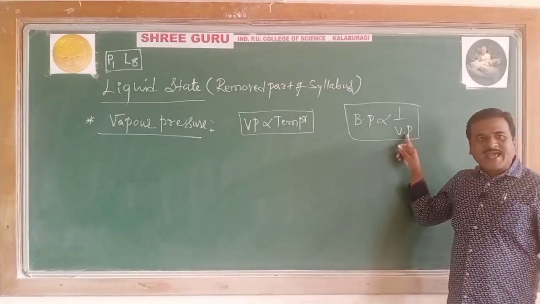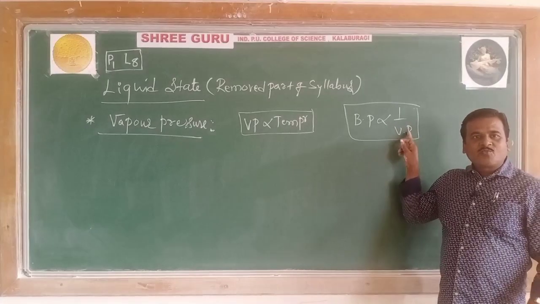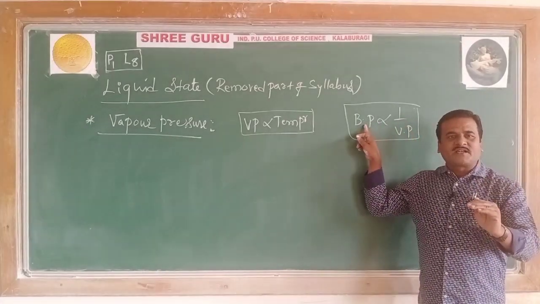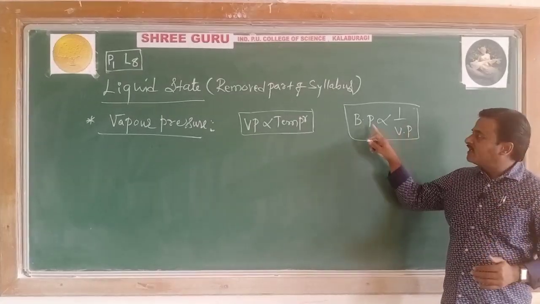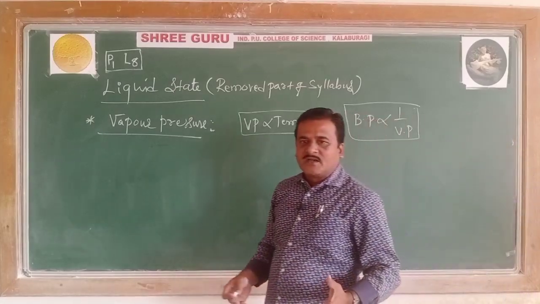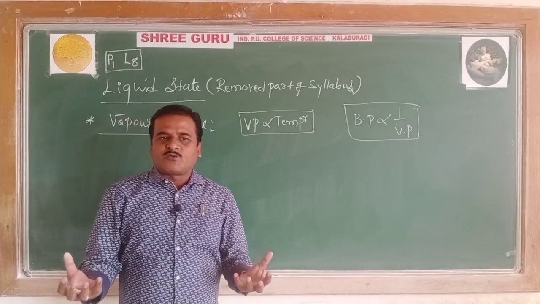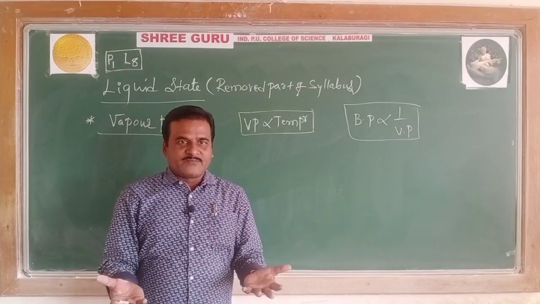So if a liquid has more vapor pressure, definitely it is going to boil at low temperature. If the liquid possesses a lesser vapor pressure, it is going to have a higher boiling point. Suppose, for example, I have taken petrol in a beaker and in another beaker water, which will evaporate first as a common experience?